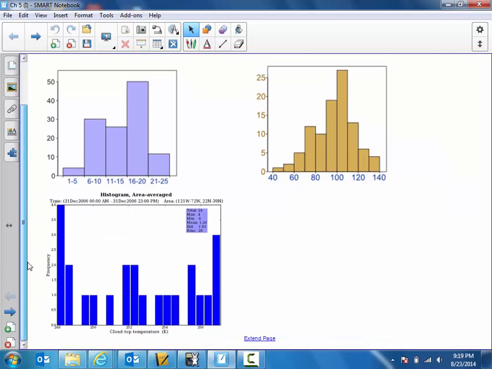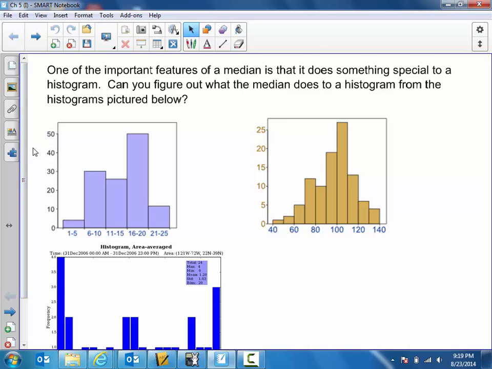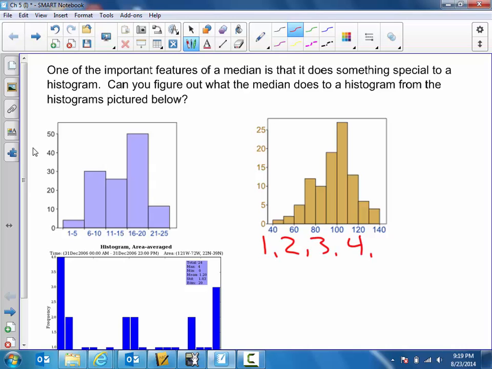We've got three distributions shown. When these notes were first designed, I had not yet talked to the kids about where the median would fall in the histogram. We know that if you've got 1, 2, 3, 4, 5, 6 data values lined up in ascending order, the median value is going to be in the middle, so that 50% of the data falls to either side.